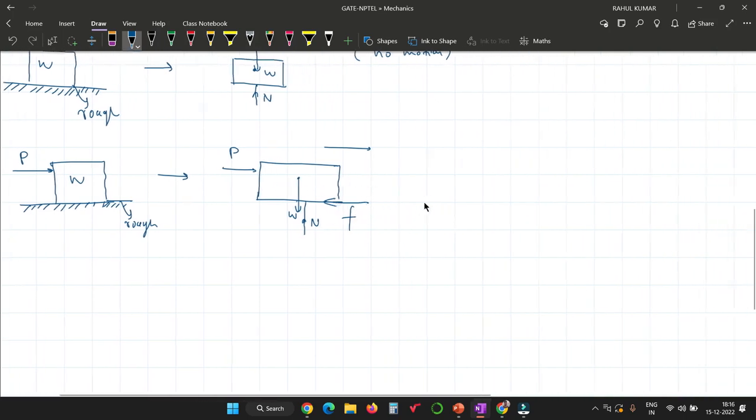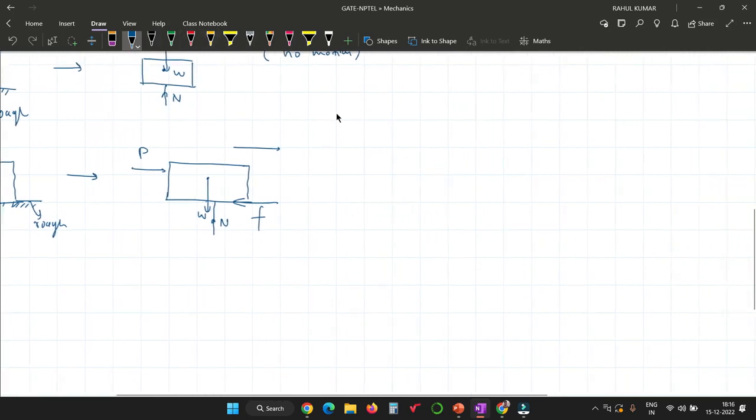In experimental evidence, people say that if P is balanced by the friction force, then the block will not move, and if P overcomes the friction force, then the block will start to move.